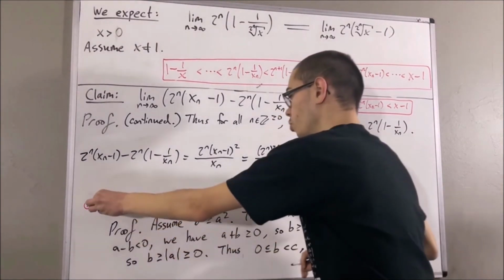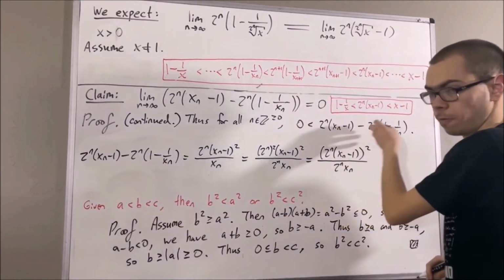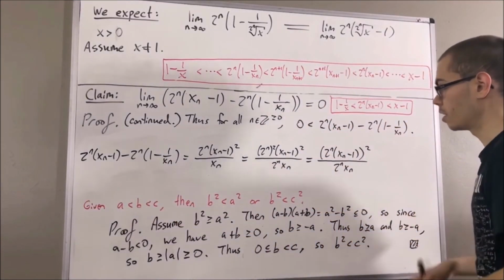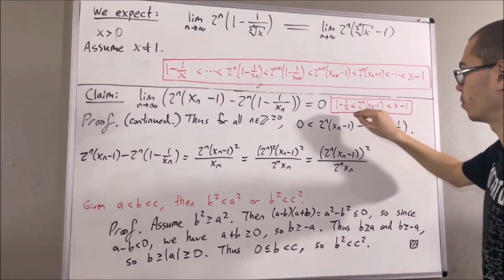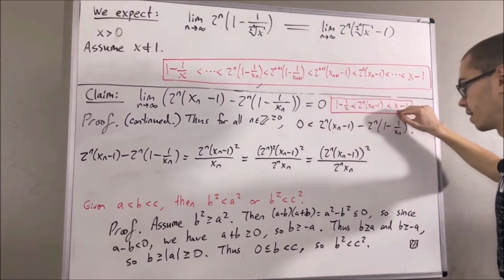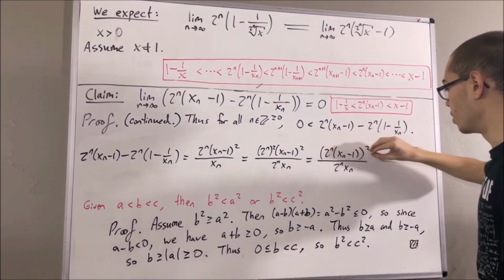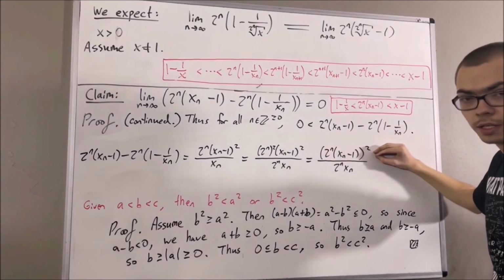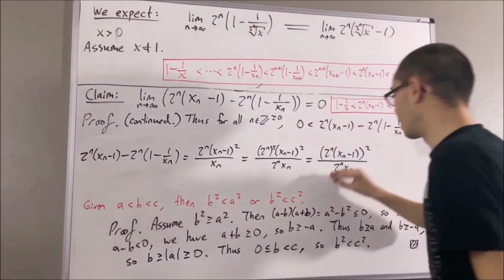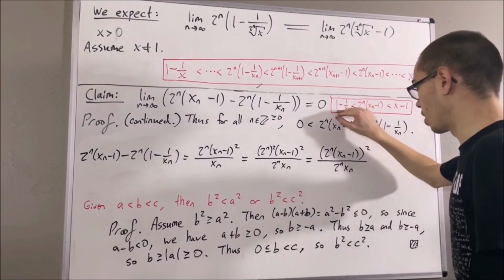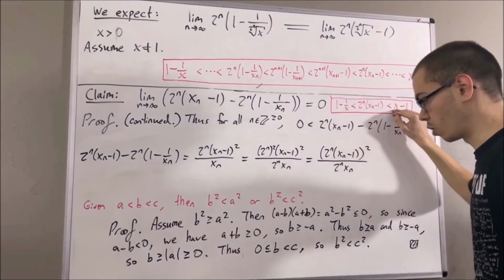So now we're going to use this in our proof. And to see how we can, really, this inequality is nothing but a less than b is less than c. And the numerator is just b squared. And we know by this fact that either b squared is less than a squared or b squared is less than c squared.